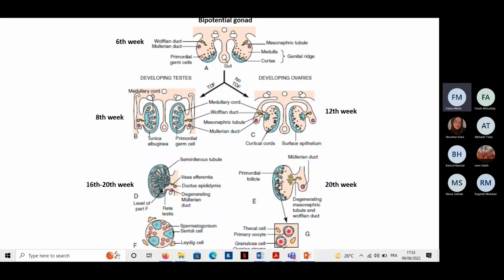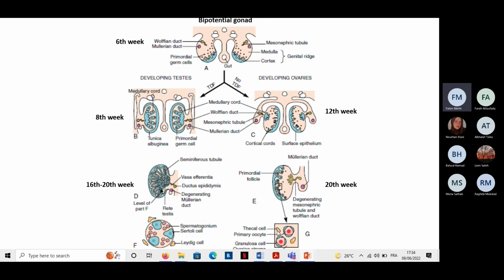Those sex cords will fragment to give the granulosa cells, okay? Now in blue, the precursors of the granulosa cells. We call them also the follicular cells. So those follicular cells will surround the germ cell, the primary oocyte, and this is a follicle formed.